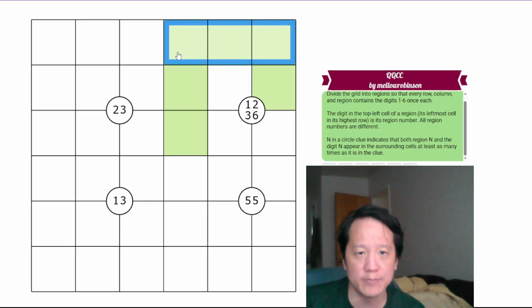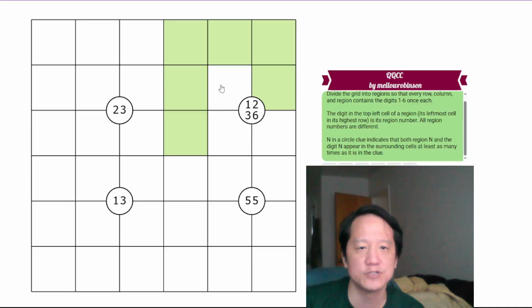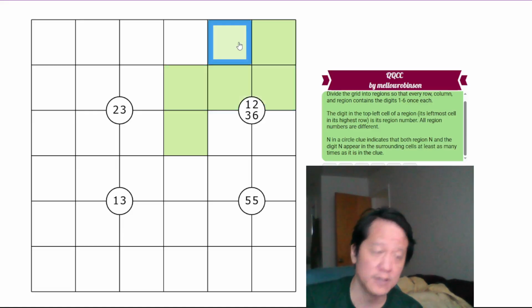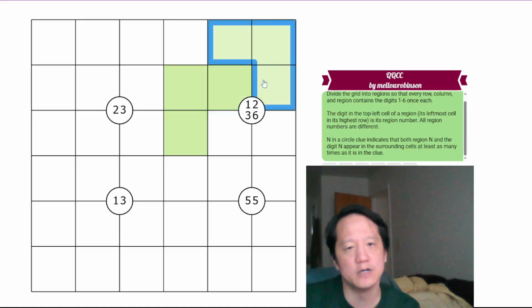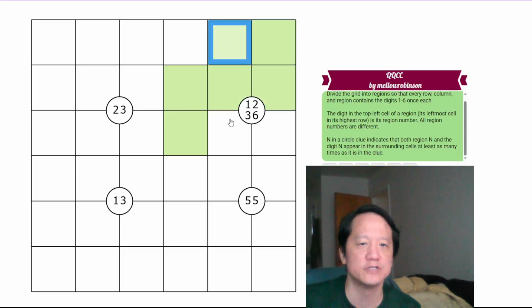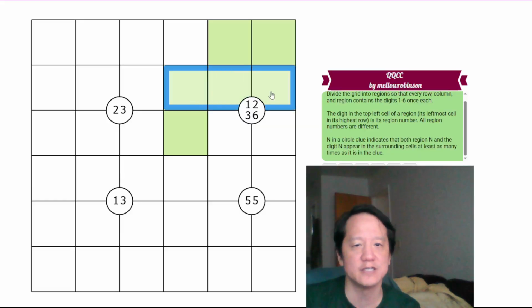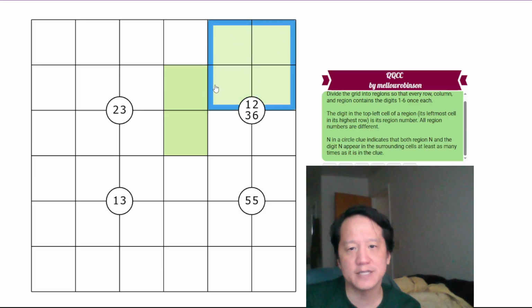So we look at the topmost row, that's the top row, and therefore this is the leftmost cell of it. If this were the region, then this would have to be the region number because the topmost row is here and the leftmost cell is there. This is not considered the leftmost cell of the topmost row because it is in the middle row here. So that's how region numbers work.